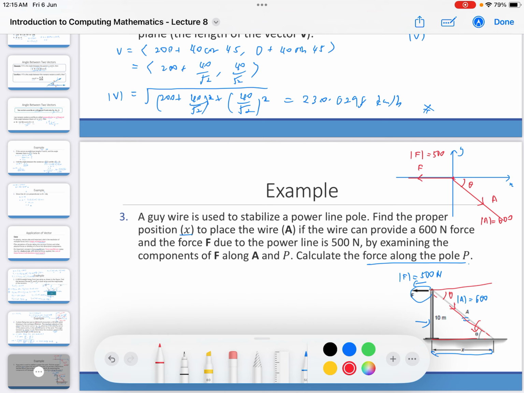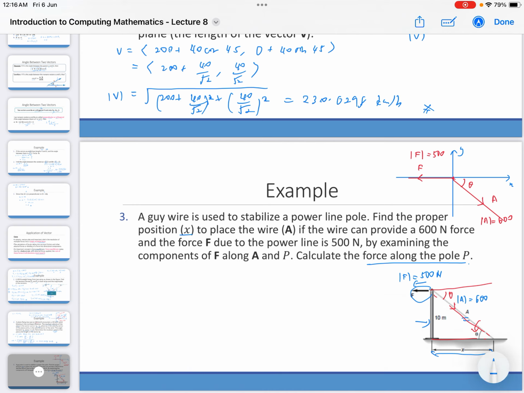Basically, we have these two forces to hold the pole in place. Since the pole is in place at rest, the total force equals 0. So we use the force equilibrium: F plus A equals 0.